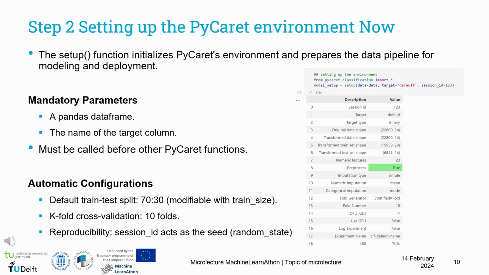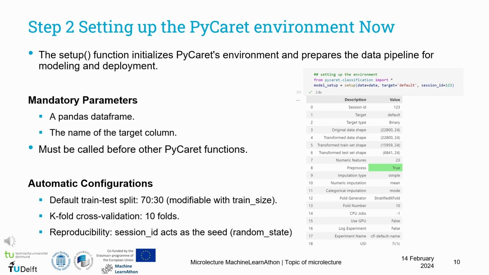Next step, we initialize the PyCaret classification environment using the setup function as shown in the code example. We import all functions from PyCaret classification and call setup with three key arguments: the dataset, the name of the target column, here default, and session ID, which ensures reproducibility by fixing the random seeds.